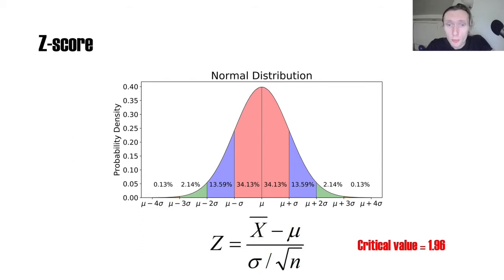So for example, the mean of the placebo group was 10, and the standard error of the mean in this case would be 5. Then 2 standard deviations to the right, or 1.96, would be 10 plus 2 times 5, which is 20.